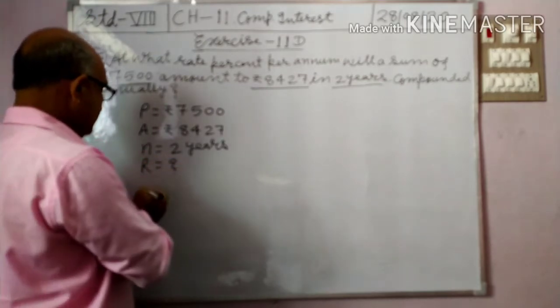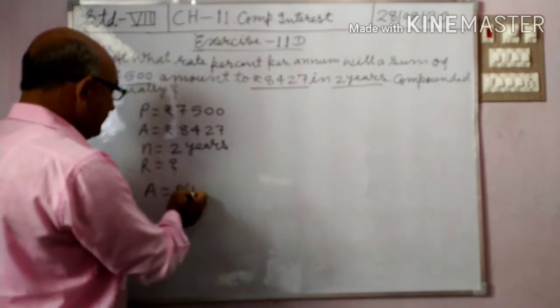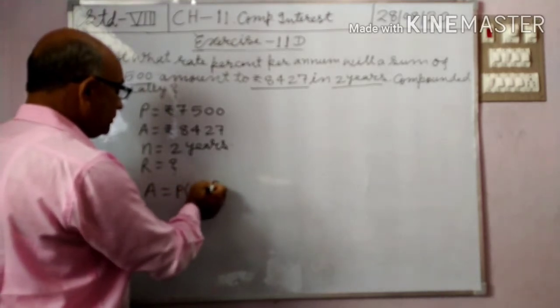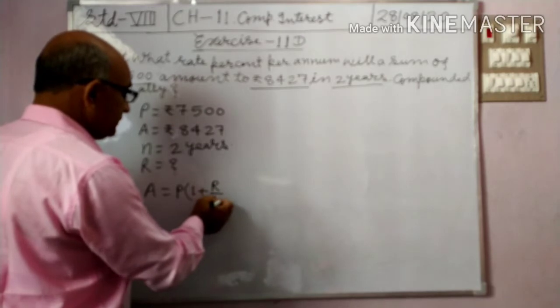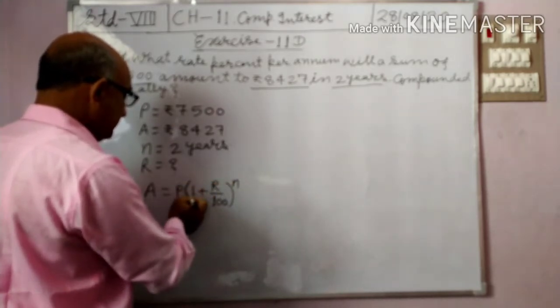At what rate? Formula is A equal to P into (1 plus R by 100) to the power n.